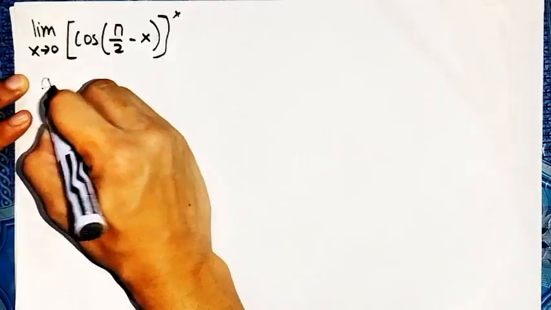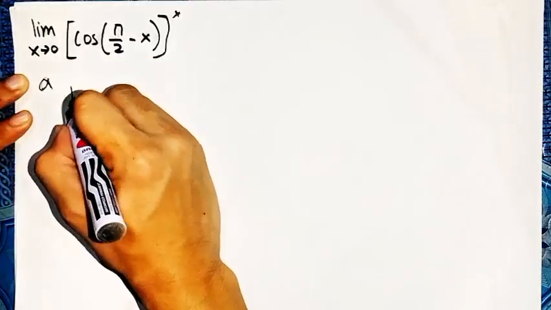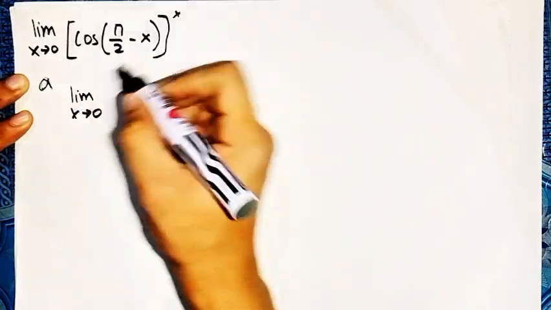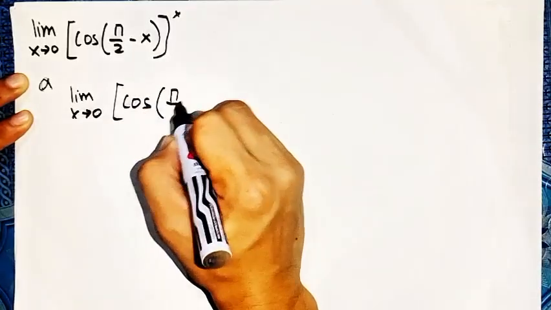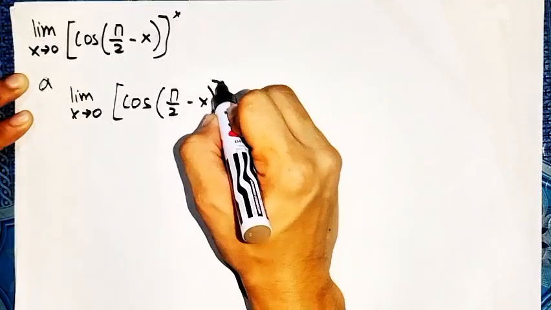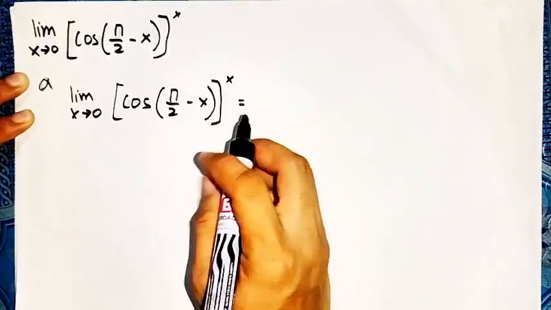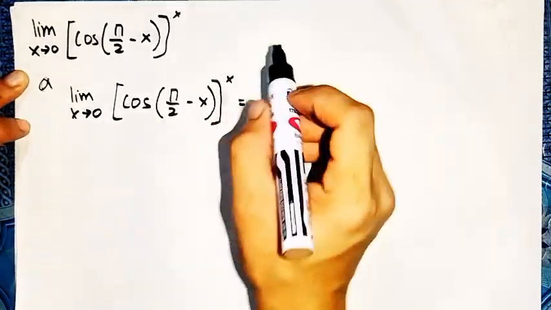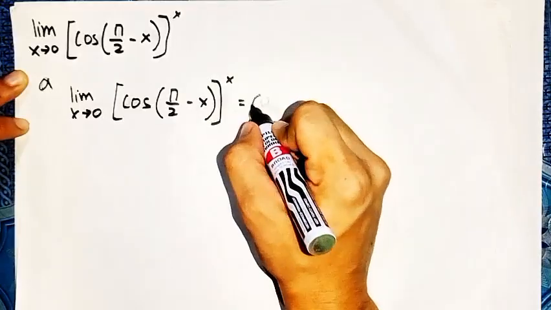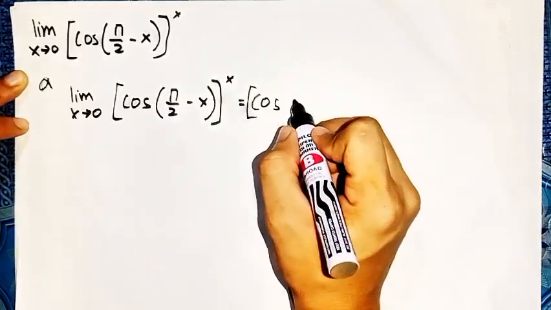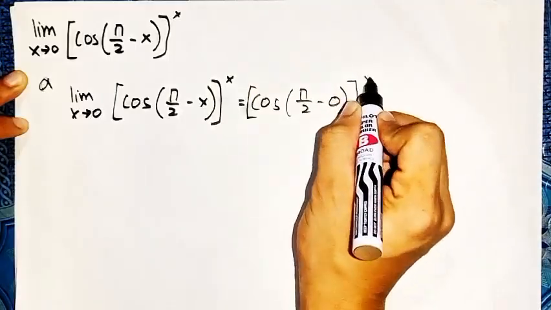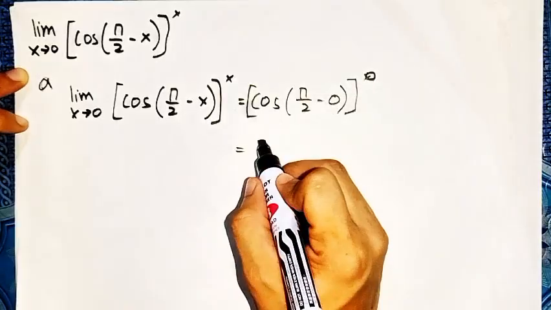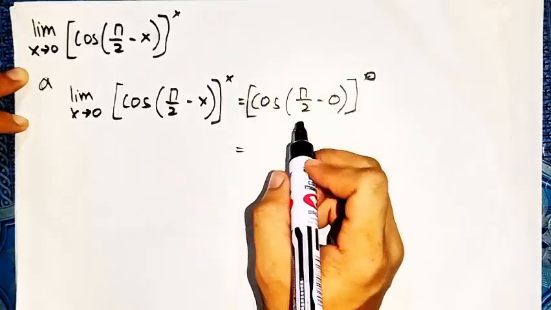Copy the function: limit as x approaches 0 of cosine of (pi over 2 minus x) to the power of x. So through direct substitution, let's substitute the 0 for x. So we have cosine of pi over 2 minus 0. So pi over 2 minus 0 is pi over 2.